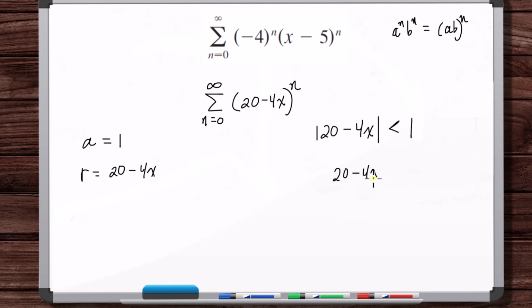So subtract 20 from both sides, or all sides.